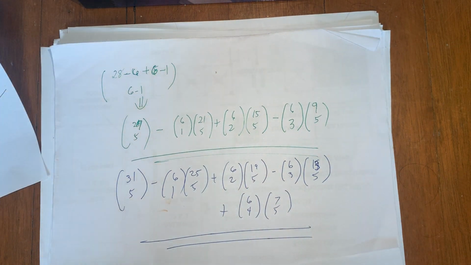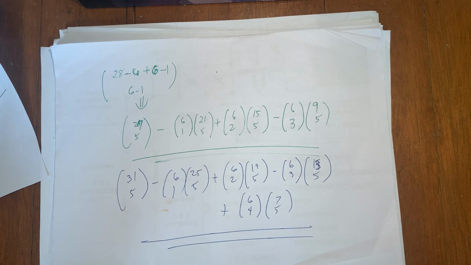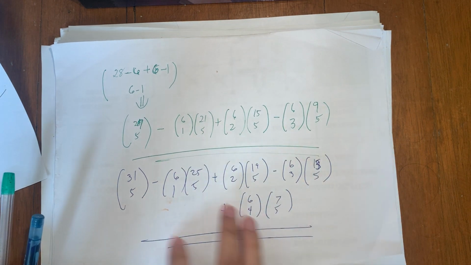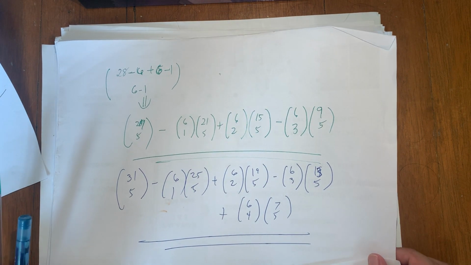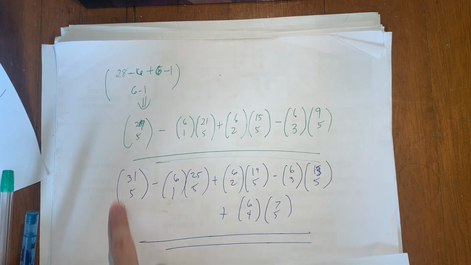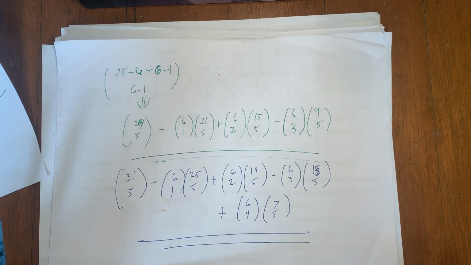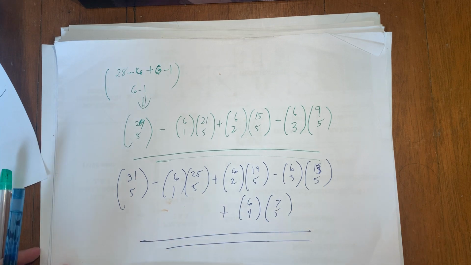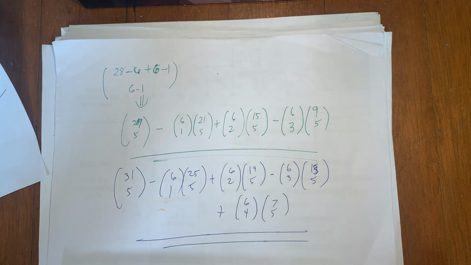Ito, hindi na ako nag-isip. Sinulat ko na lang lahat ng principle of inclusion and exclusion. The only problem for this one is masyado siyang maraming terms. Yun lang yung problem. Pero kung may calculator ka naman, this should be easy. You just plug and play.